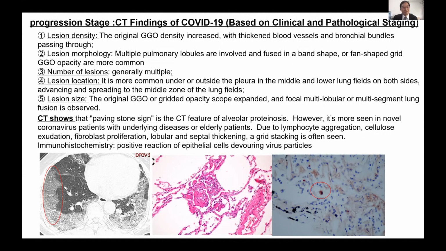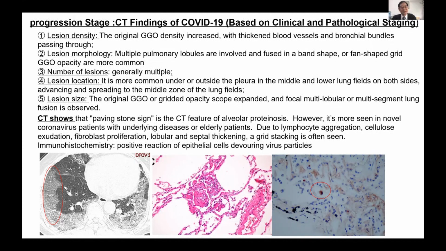Number of lesions: generally multiple. Lesion location: more common in the outside, the pleura, the middle or lower lung fields on both sides.